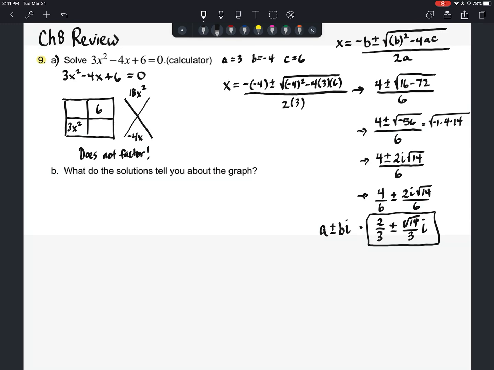So really, I guess it's on the calculator portion too, but you really don't need it if you're writing it down like this. Now, letter B is going to ask you, what do the solutions tell you about the graph?